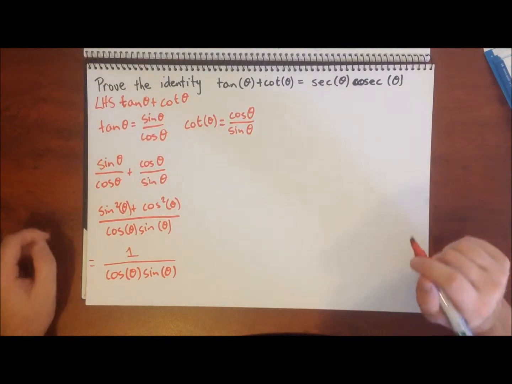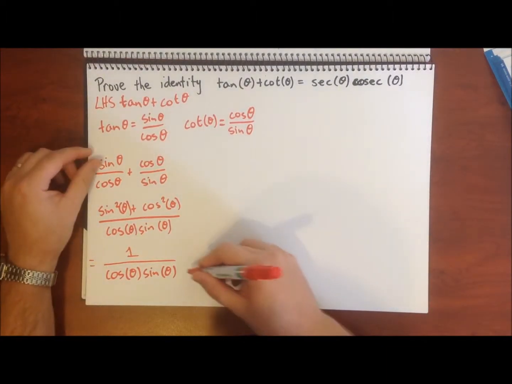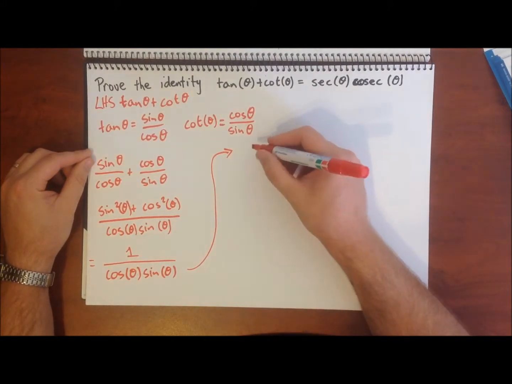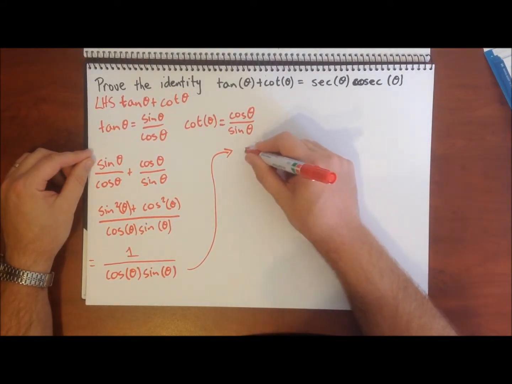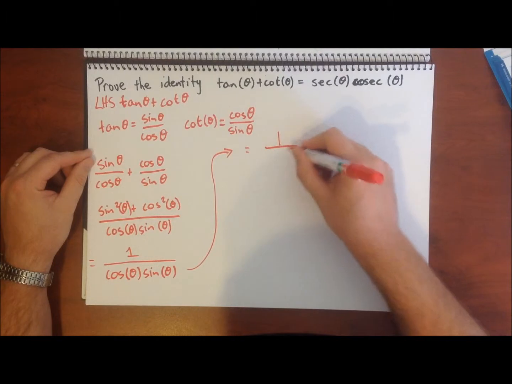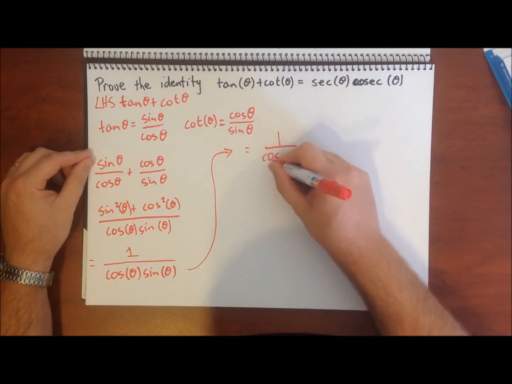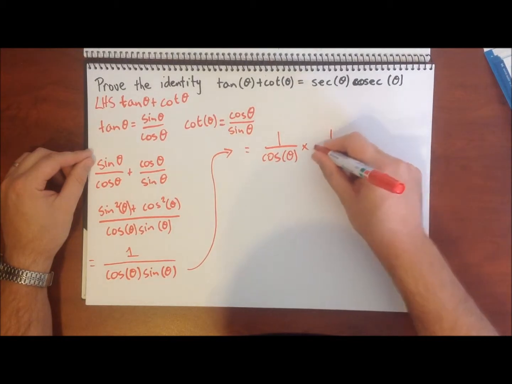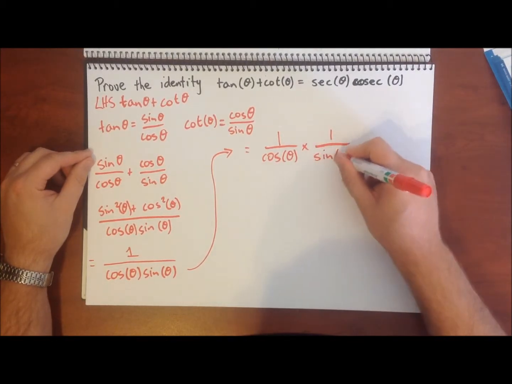Then we can think about our left-hand side. We come up here now, and we can actually split that up a little bit. We know that has to be equal to 1 on cos of theta times 1 on sine theta.